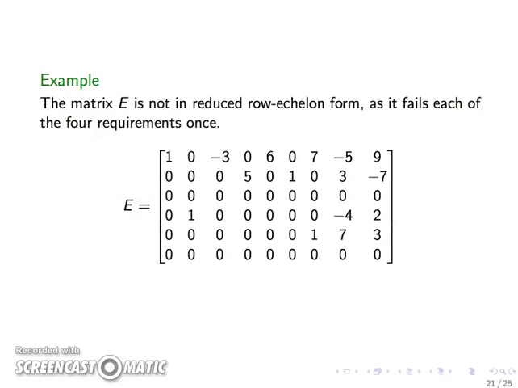This will also be another acronym, and a very common one. RREF denotes reduced row echelon form.